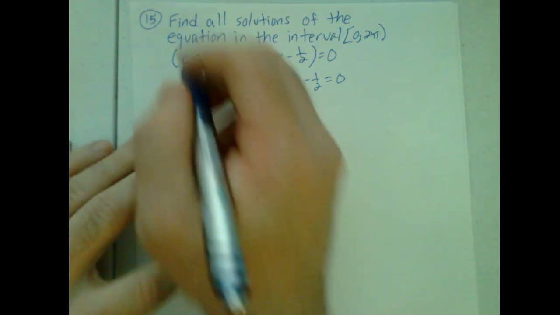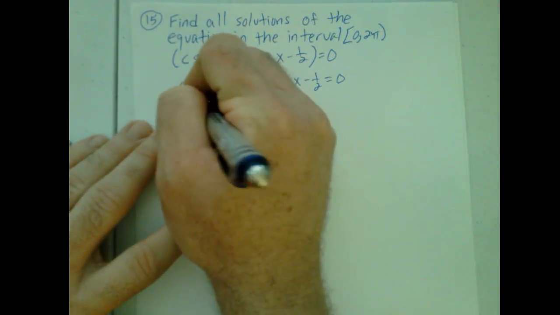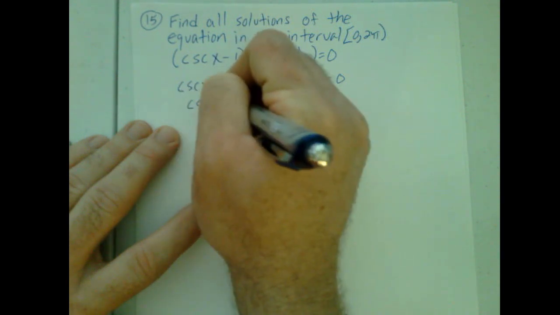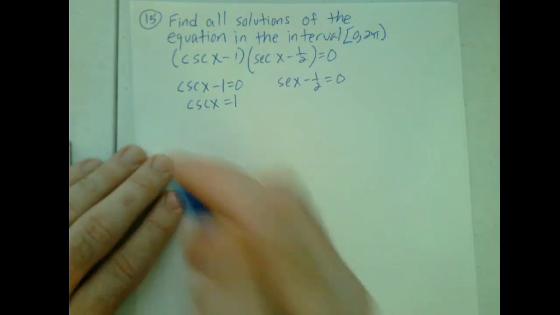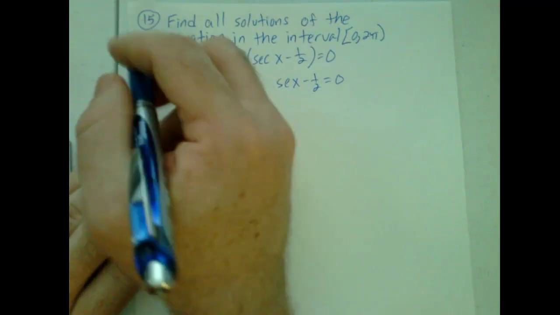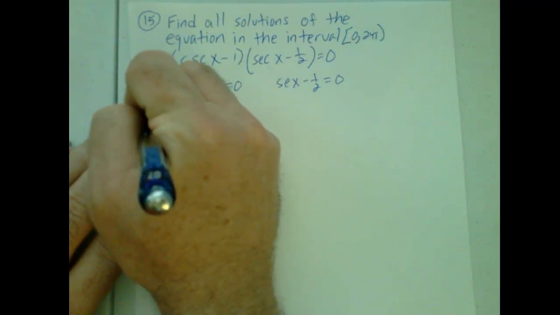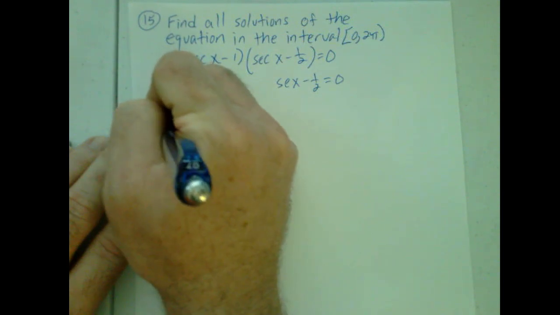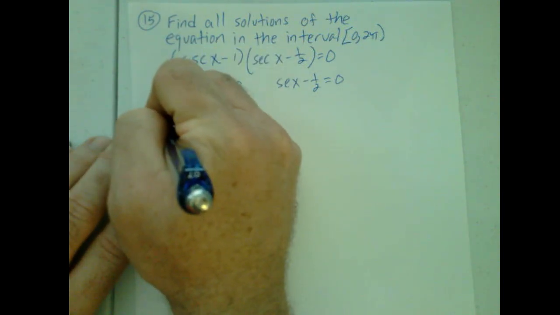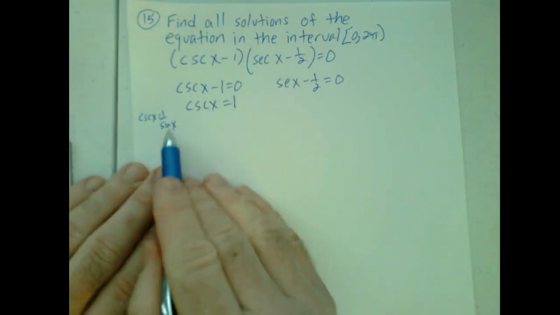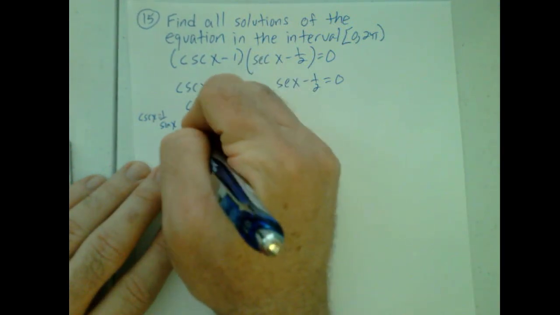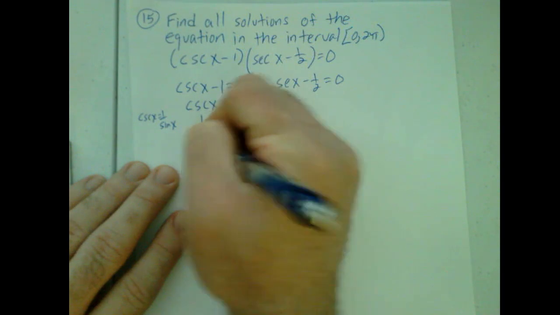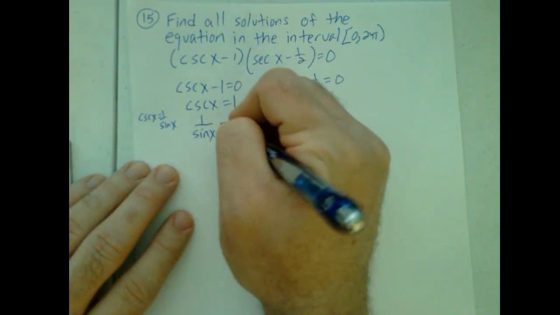We'll add 1 to both sides, and that'll give us cosecant x equals 1. And then we know from our trig identities that cosecant x equals 1 over sine x. So we're going to substitute 1 over sine x in for cosecant x. 1 over sine x equals 1.